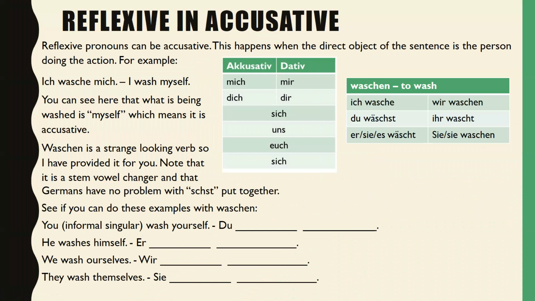Pause the video now. You should have du wäschst dich, wäscht sich, wir waschen uns, sie waschen sich. In each of these sentences, the subject is washing something that is itself.